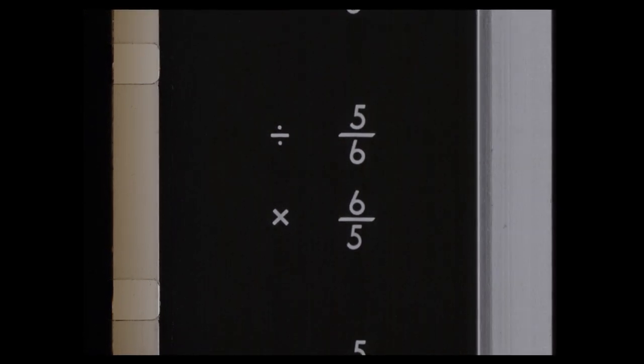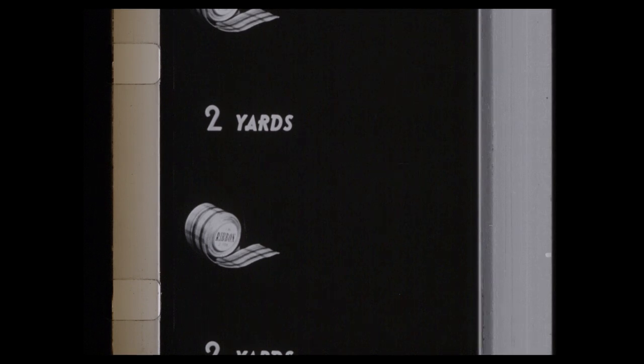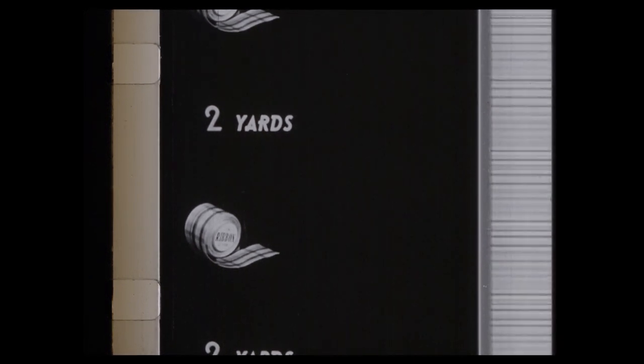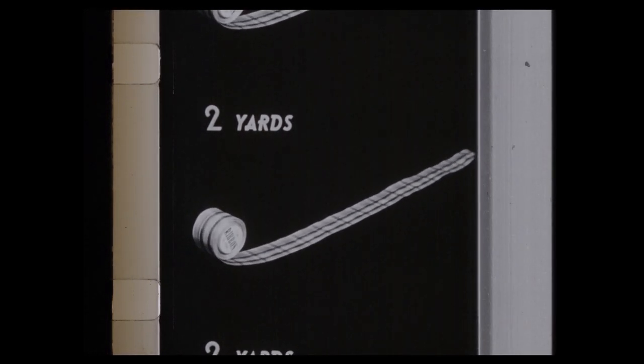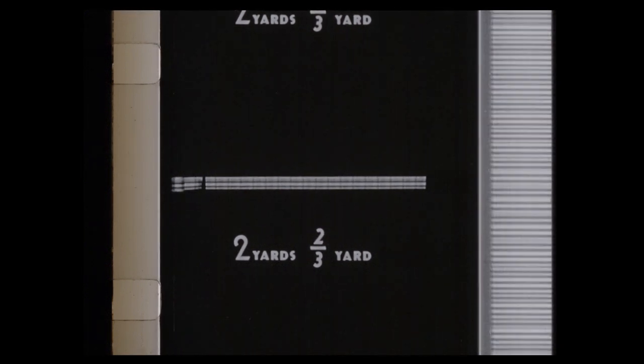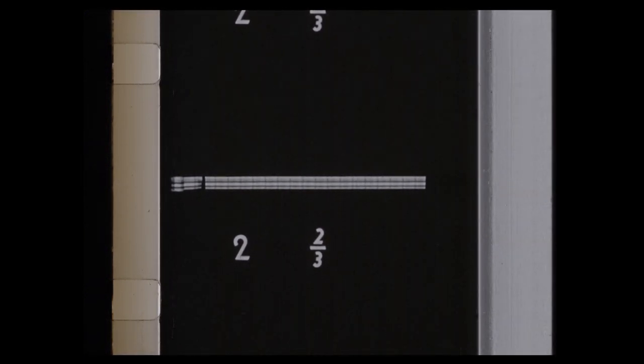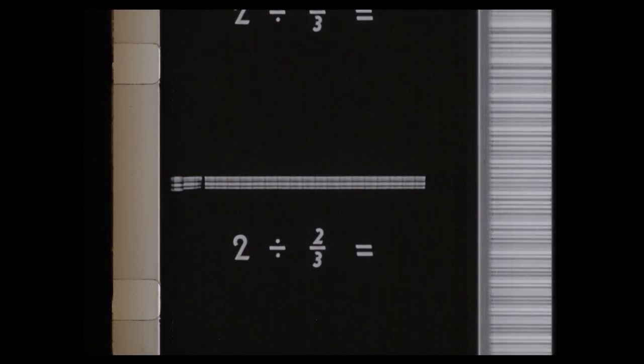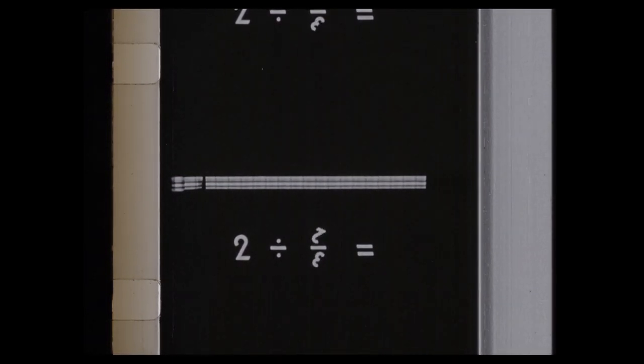Now let's see how we might use our rule at home. Mary has 2 yards of ribbon. She wants to make some hair ribbons. She knows that each bow will require 2/3 of a yard. How many bows can she make from her 2 yards of ribbon? What Mary wants to know is, how many times is 2/3 contained in 2? To find the answer, she inverts her divisor and multiplies.